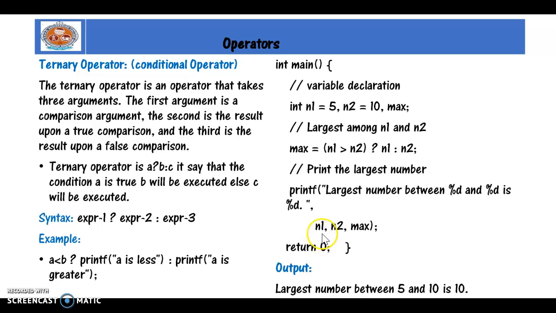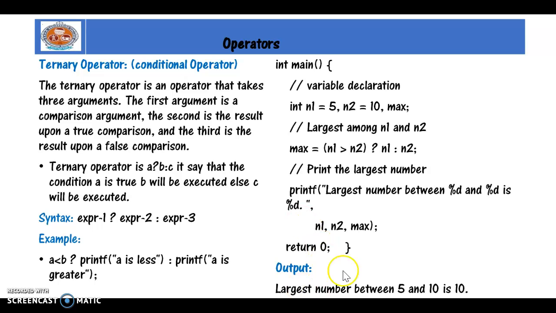Then I am taking n1, n2 and max. n1 will be treated as the first %d, n2 as the second %d, and max as the third %d. That is, they are taken in sequential order. The first goes to the first format specifier, the second to the second, and the third to the third.